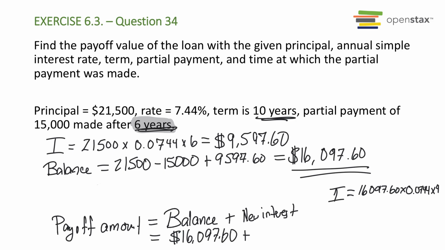So 16097.60 times 0.0744 times 4. So that's going to be $4,790.65.